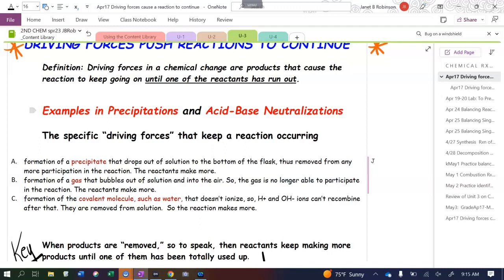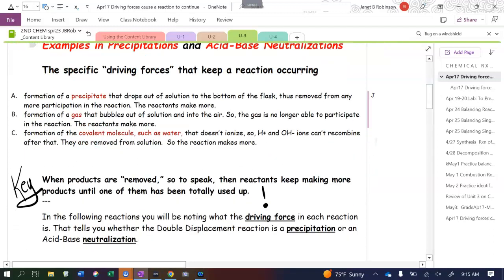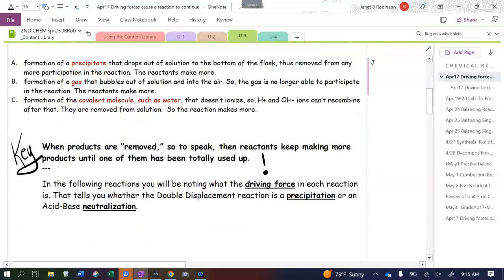Gases leave the solution entirely and go out into the atmosphere. And water molecules, when they form, refuse to ionize. They stay as a water molecule, and that causes the reaction to keep going. So those are 3 typical means.